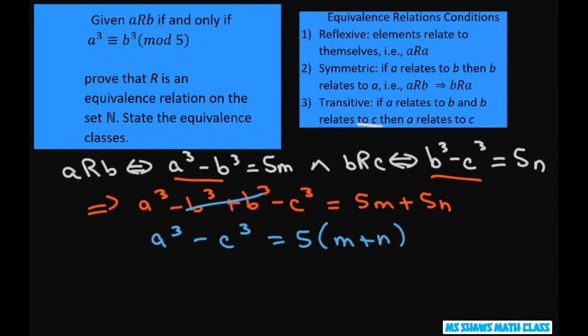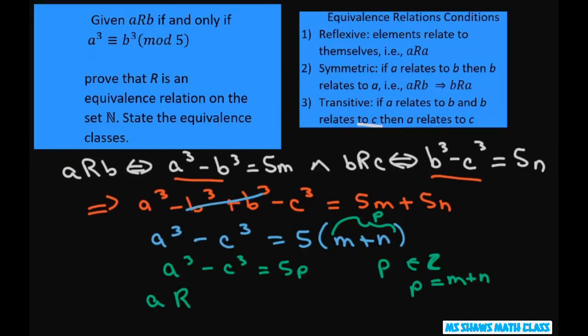Let's call this p. So we have A cubed minus C cubed equals 5p, where p is an integer and p equals m plus n. Therefore, A is related to C. Therefore, R is transitive. So that's our proof.